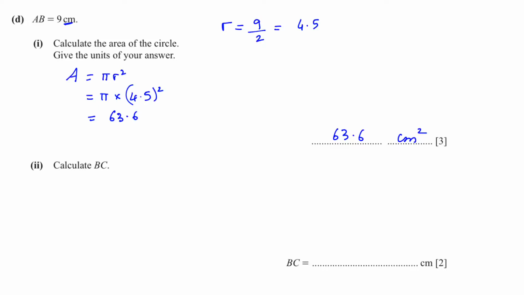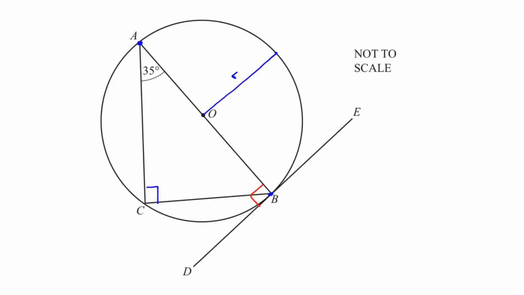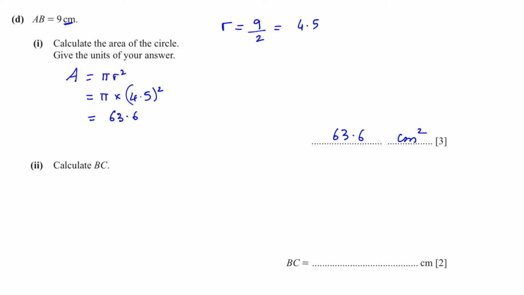Next, we have to calculate BC. BC is this line. What are the things that we know? We know that AB is equal to 9 centimeters. So you want to find BC. To find BC, we are going to use trigonometry. We have to find the opposite, and the hypotenuse is given to us, so we are going to use the sine rule.